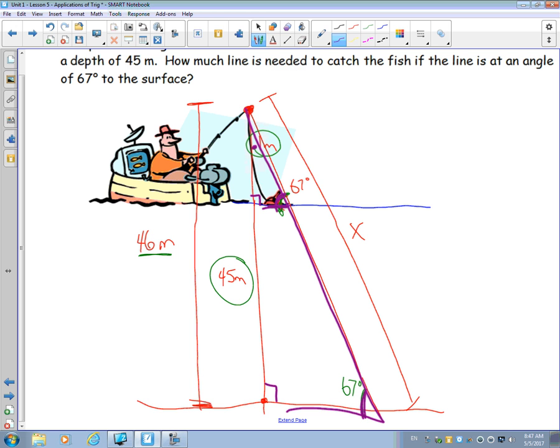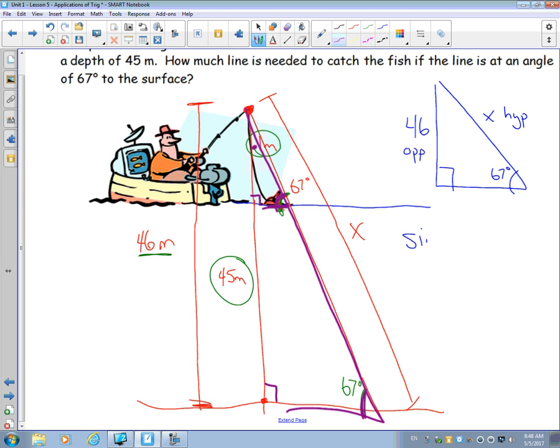Okay, so based on that, I'm going to redraw this diagram just to the side so you can see what I'm using here. We have a right triangle that has a vertical of 46. I want to find how much line I have coming out, and I know the corner is 67 degrees. So if I label that triangle, this is the opposite, and the hypotenuse, that's a sine question.